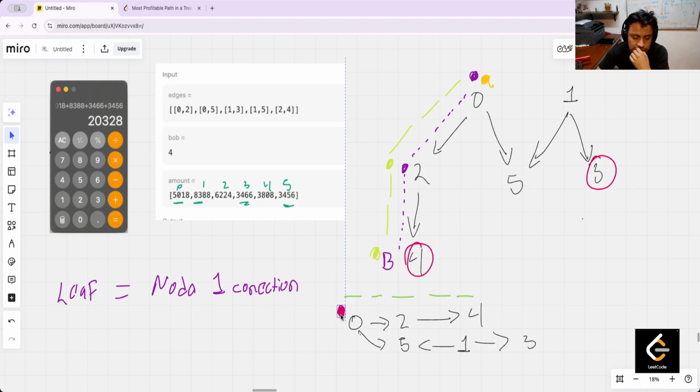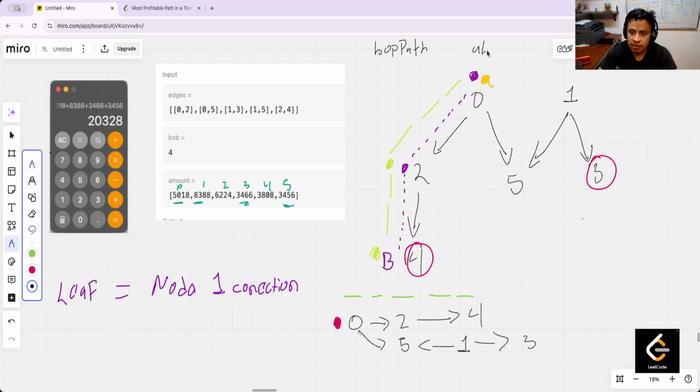And at this point, I was thinking that maybe it's necessary to have two counters or two max or two accumulators or whatever. In this case, the first is Bob path and Alice path.